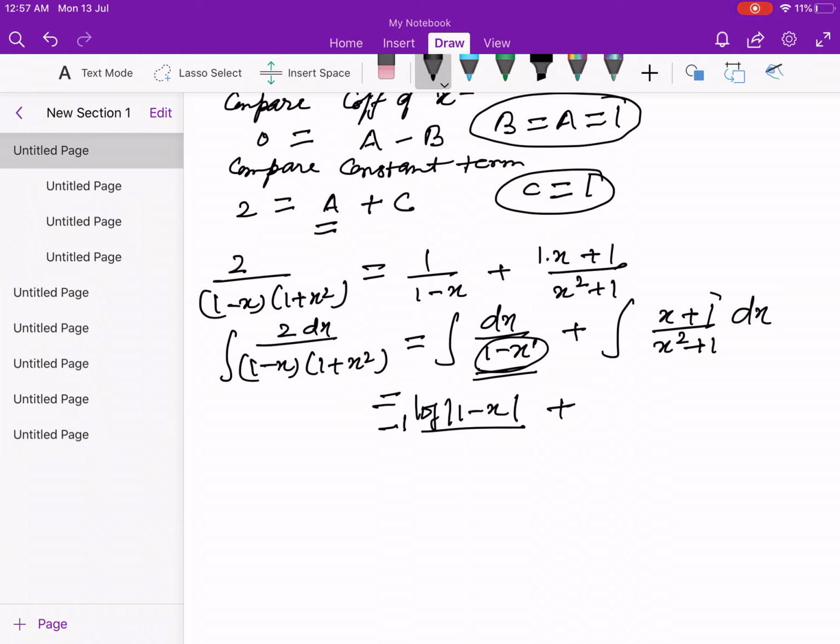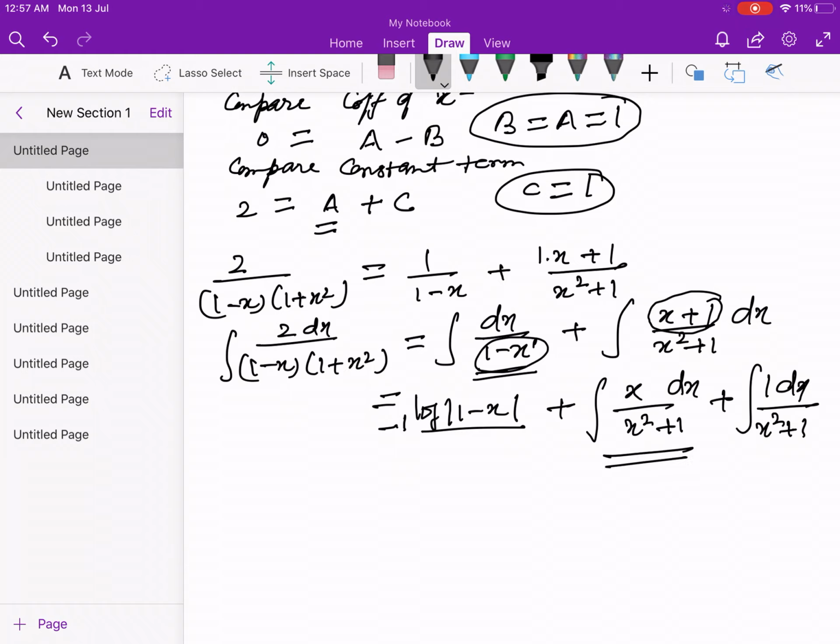Now this expression is to be split into two parts, rather two integrals. x upon x square plus 1 separate, plus 1 upon x square plus 1 separate. Now this is which form? This is your form f dash x upon f x. The integral answer is log of f x.